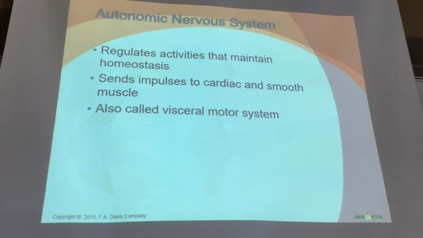So let's go back and let's just draw those divisions. Remember we had the peripheral nervous system, the central nervous system, then all those different divisions. So let's look at just this one division of the peripheral nervous system. We've got somatic, then autonomic, and then underneath autonomic we've got two divisions. What are those? Who remembers?